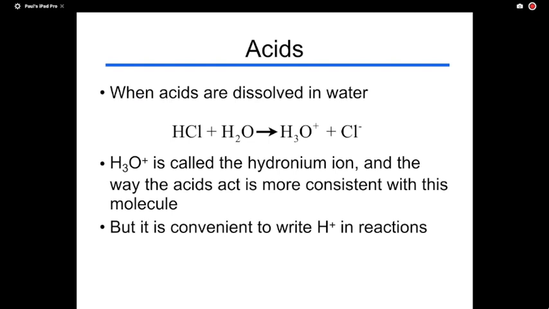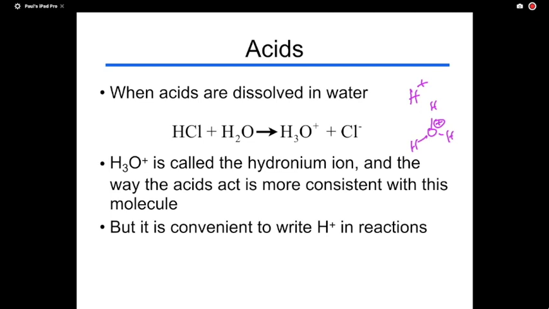And for chemists, since we're lazy, we write this all the time, H+ floating around. But what really happens is that water looks like this, and an acid reacts with water to make H3O+, what's called the hydronium ion. That is what's really floating around inside.